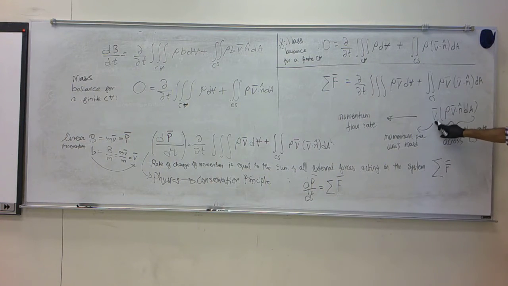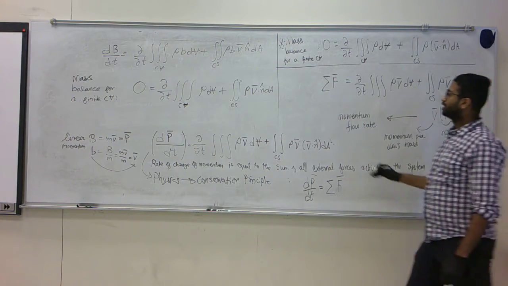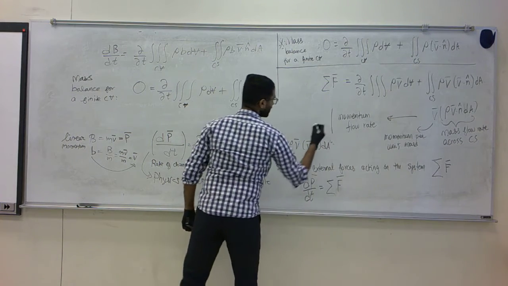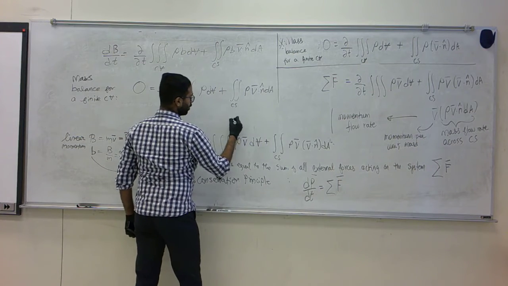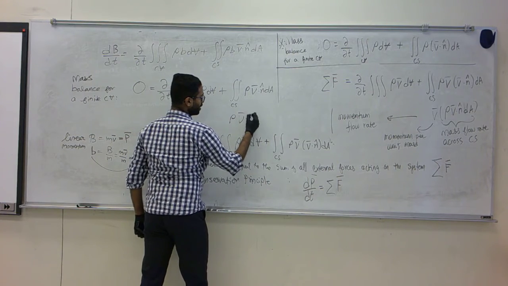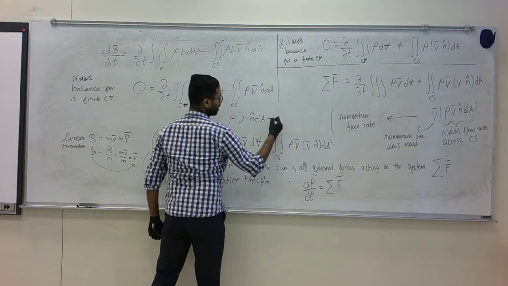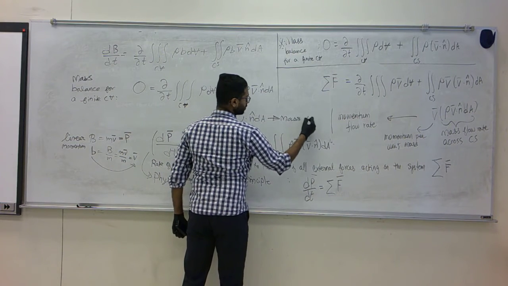This quantity v times rho v dot n dA is momentum flow rate, just like rho v dot n dA is mass flow rate.